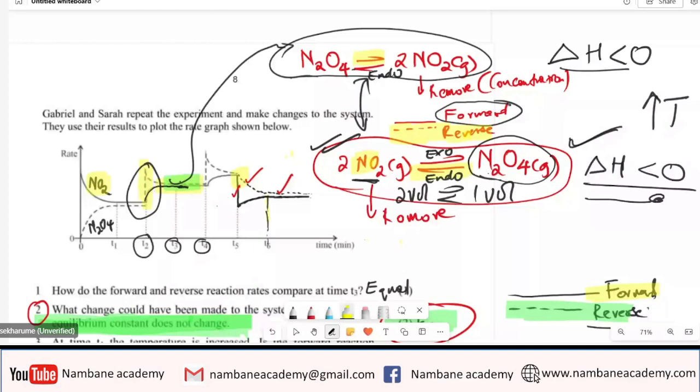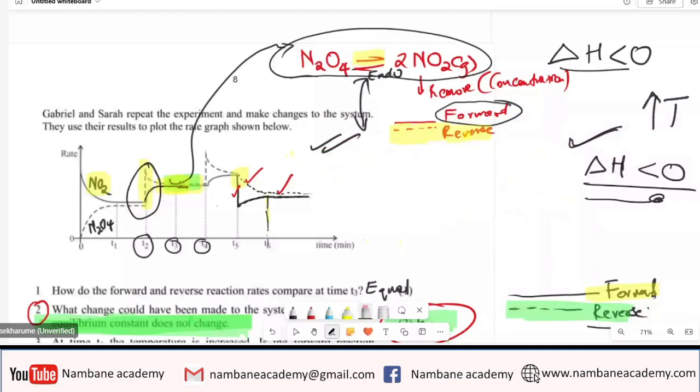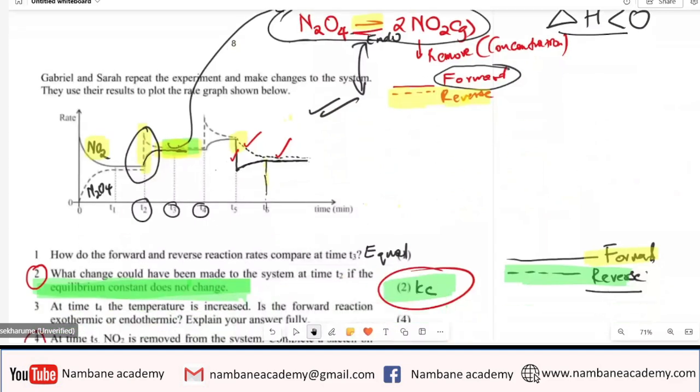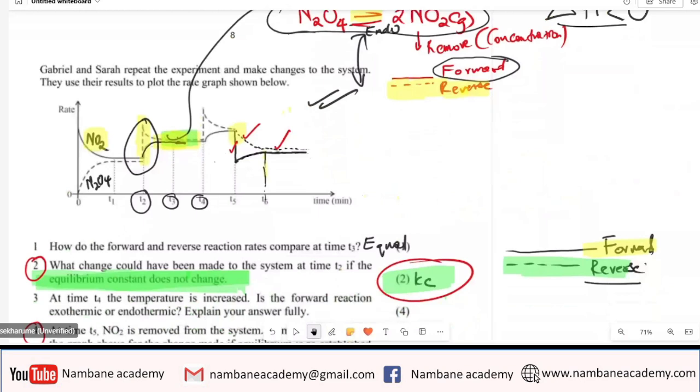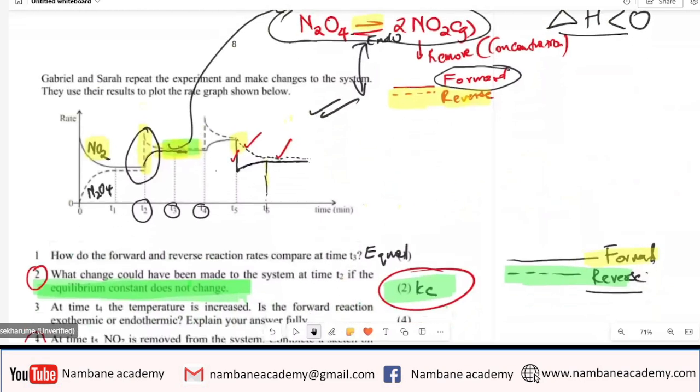Is the solid line on top of the broken line? No, it can't be that one. So now it's going to be that one. I'm sorry about the confusion I caused because I forgot to copy the original equation.